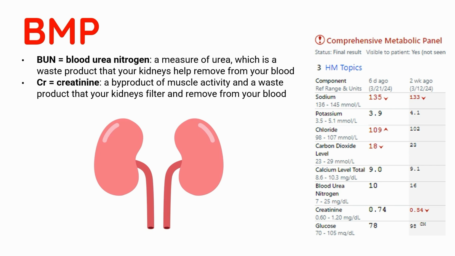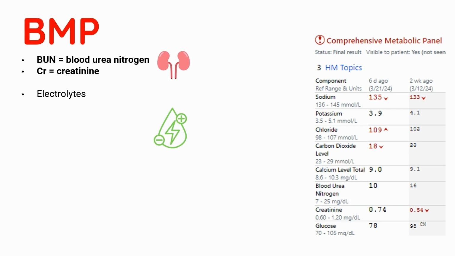It's from muscle activity. And so this waste product is also filtered by your kidneys. And as I'm sure many of you are aware, if BUN and or creatinine are increased, this often is due to various kidney disorders or dysfunction, and sometimes from medications. So we'll move the BUN creatinine up here with these kidneys.